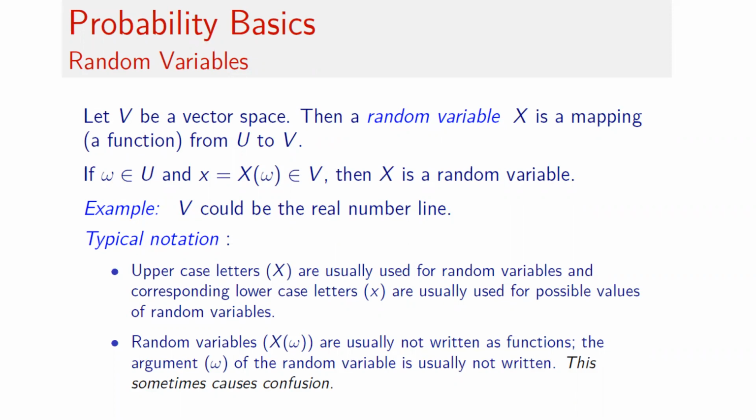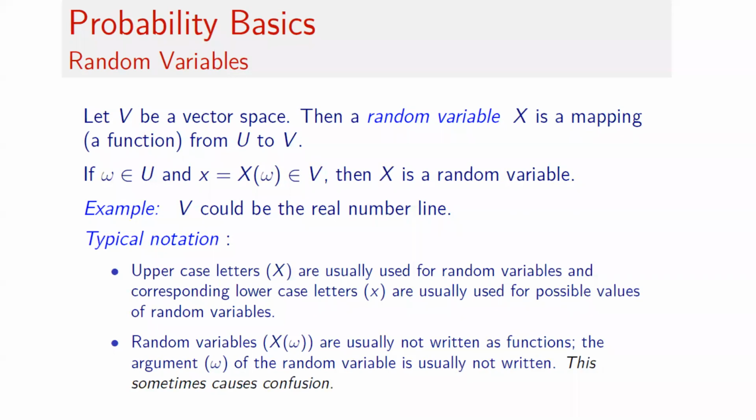Examples include the real number line, which is what we are very often going to look at. So the idea here, and also we will see another example in the following slides. What does a random variable mean? But the idea is, okay, we have a universe, and the universe has a lot of events.